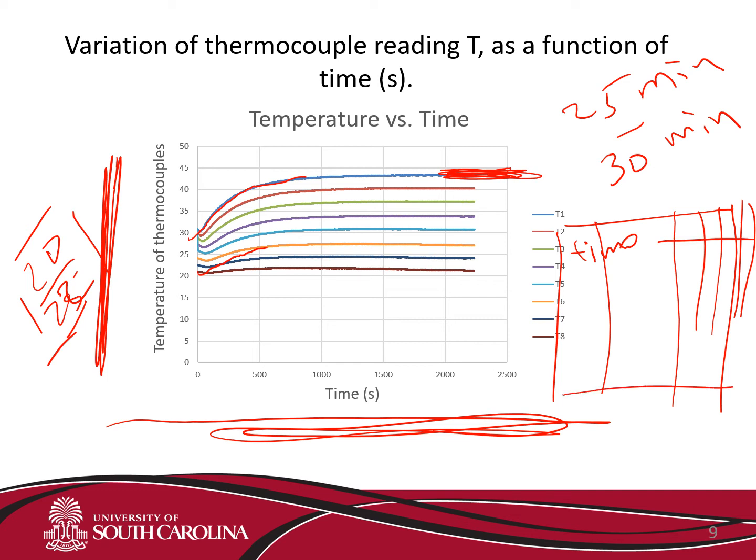You need to find the final value from the text file that I will send to you. The final values of T1, T3 to T8, you will use to calculate the thermal conductivity, and also by finding the T hot and T cold.